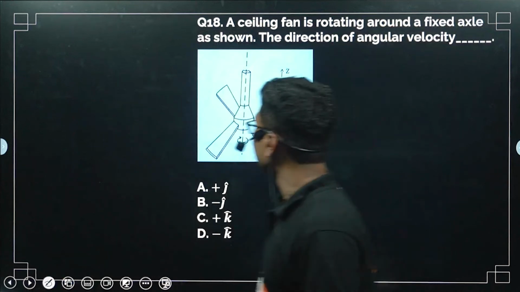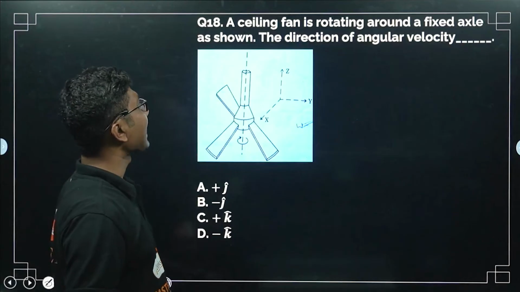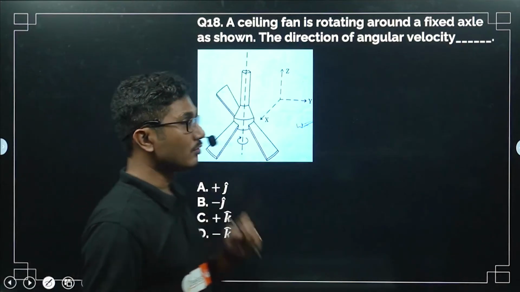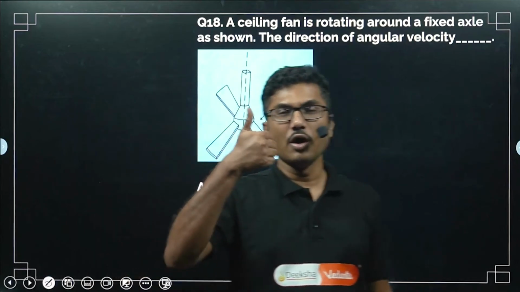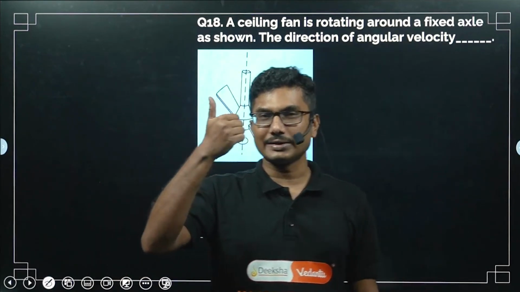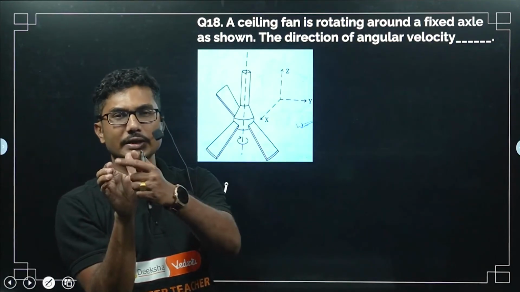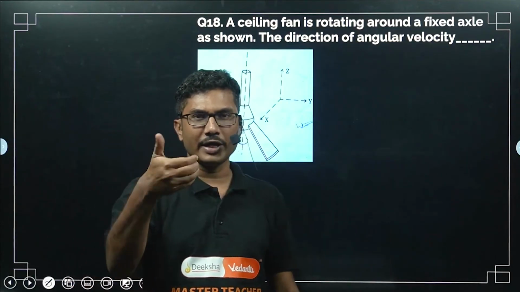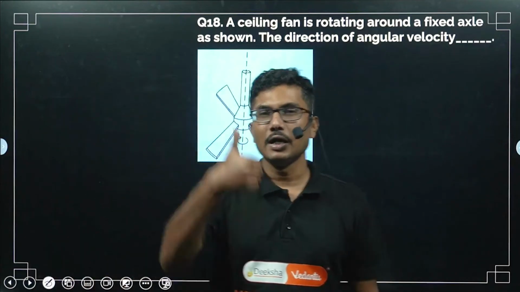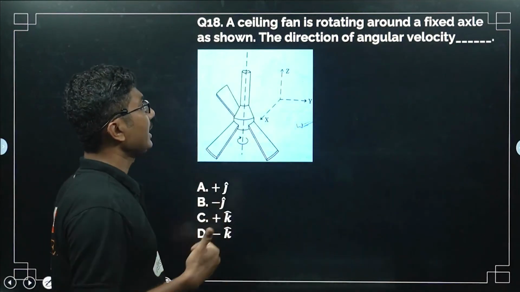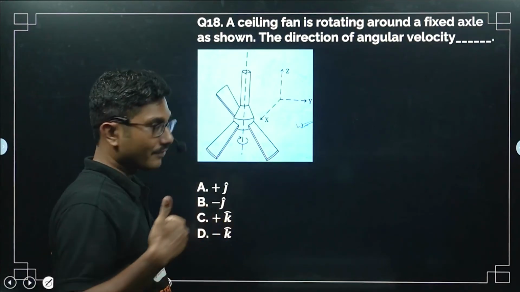Now, this is a very simple question. A ceiling is rotating around the fixed axle as shown, direction of angular velocity. So how can you find the direction of angular velocity? You have to use your fingers and hand. If your fingers are pointing in the direction of rotation, then your thumb points towards the rotation vector, or angular velocity in this case.